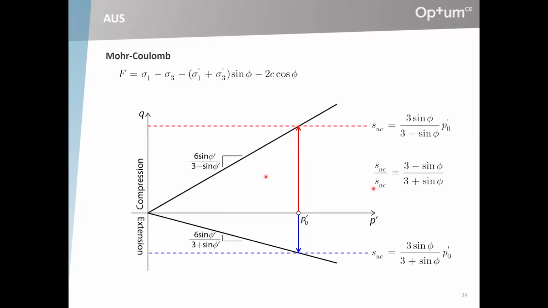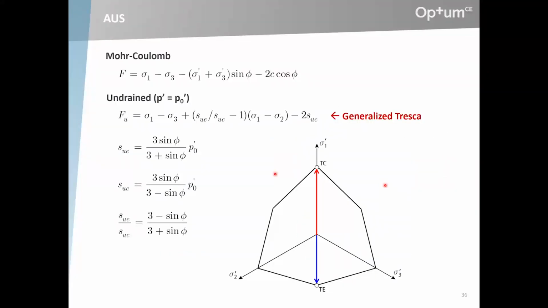The ratio between the two is this quantity here, which depends on the drained friction angle. If you insert a reasonable friction angle, say 30 degrees, you will find typically a ratio of about 0.7. So this is an expected ratio.